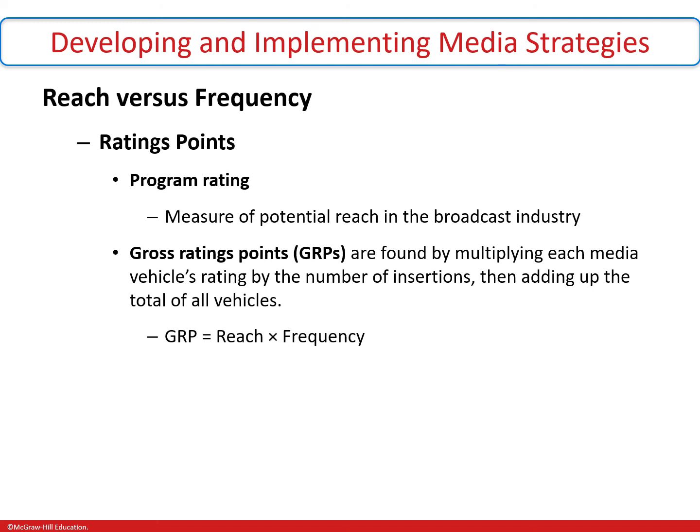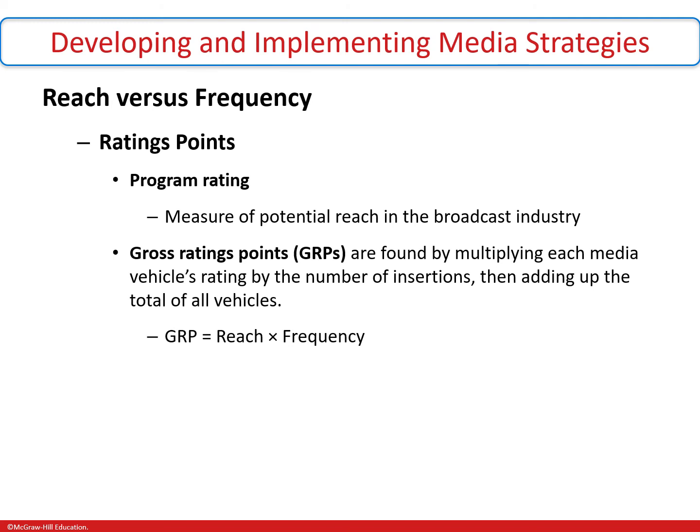So we would have talked about ratings points, right? This is a very important terminology in the broadcast industry because a program rating measures the potential reach in the broadcast industry.